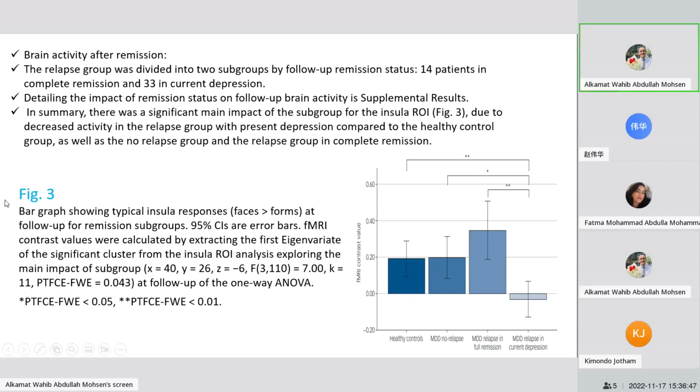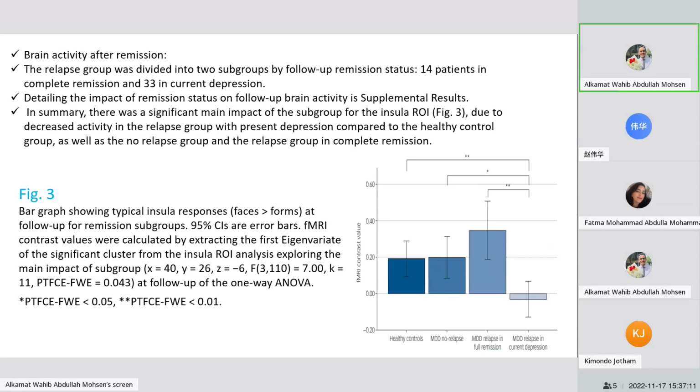So from figure 3, we can see the result graph showing that typically the insula response phase is greater than the others. And following up for the regions subgroups, the 95% error.